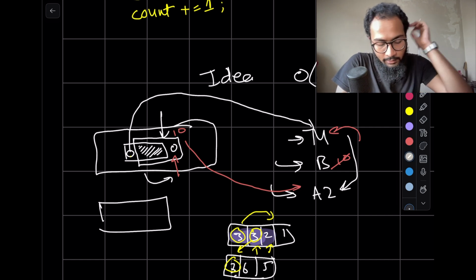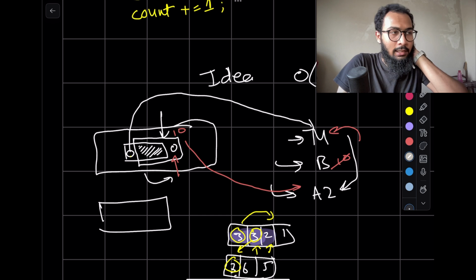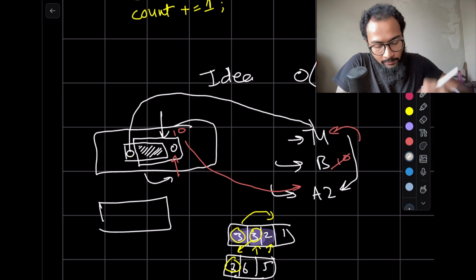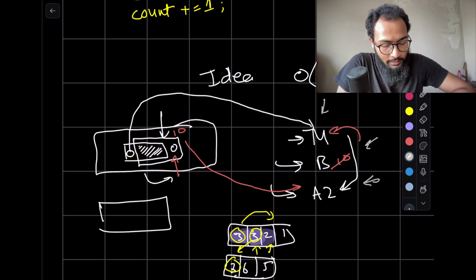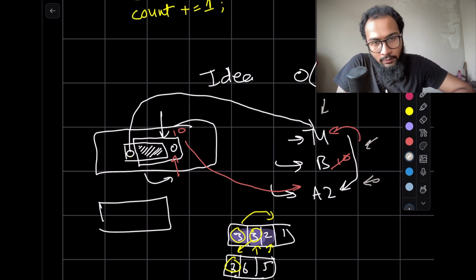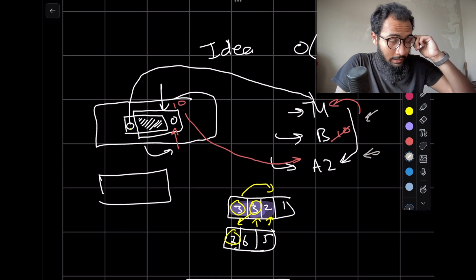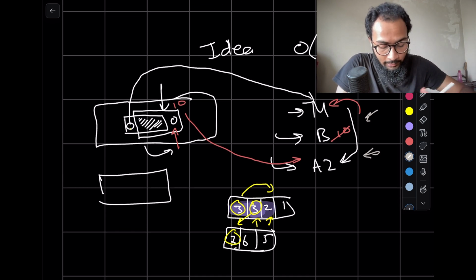So yeah, that's the idea. One important thing is, what data structure do you use? If you keep these M, B and A2 as arrays, the problem is that finding in an unsorted array is O(n), but finding in a sorted array is log n, and we need to do a lot of finding and deleting. So it's better to use something like AVL trees or multisets. I think in C++ multisets are just AVL trees.